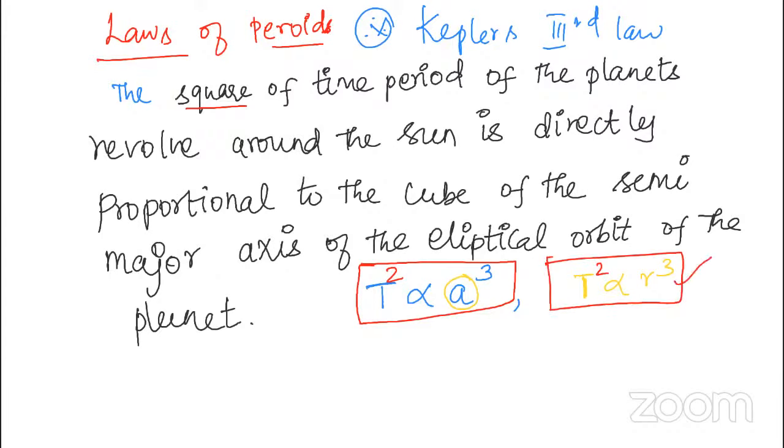So this is the formula we frequently use in the problems. What is the formula we are getting from the third law? That is T square is proportional to R cube, or simply T is proportional to R power of 3 by 2.